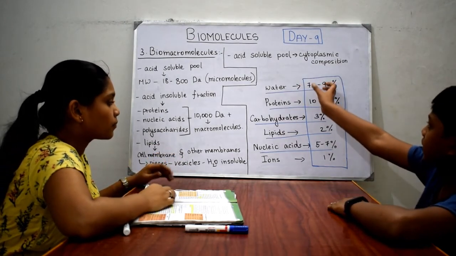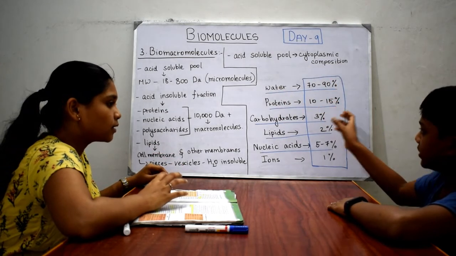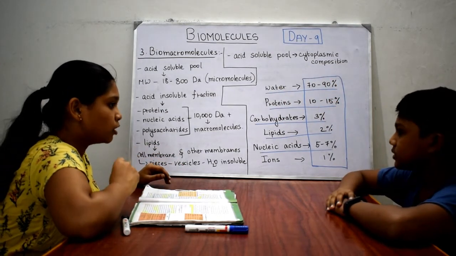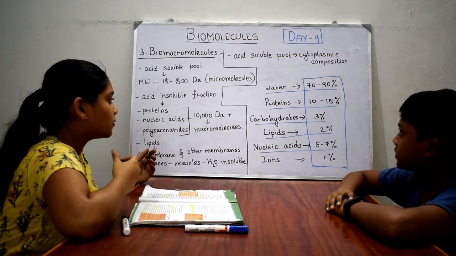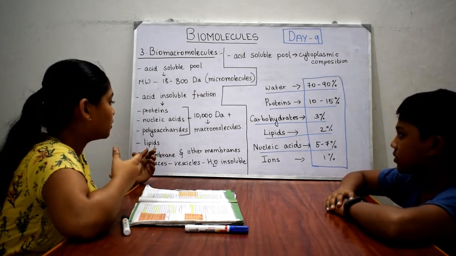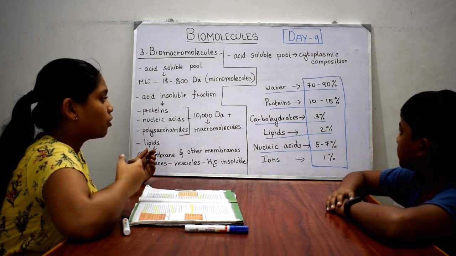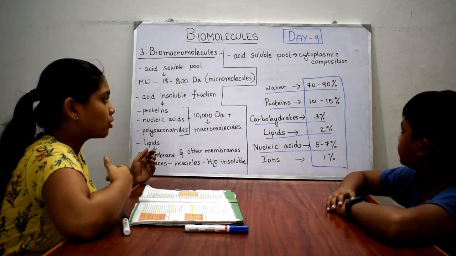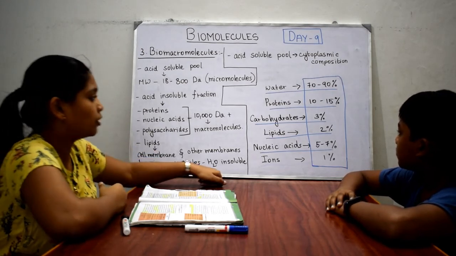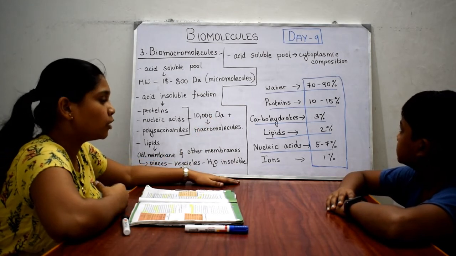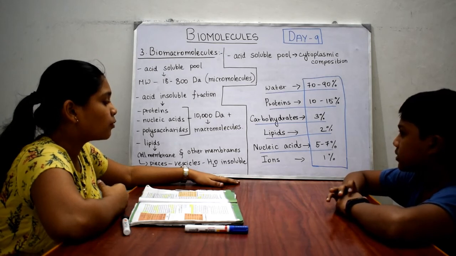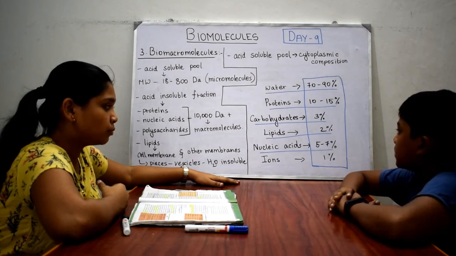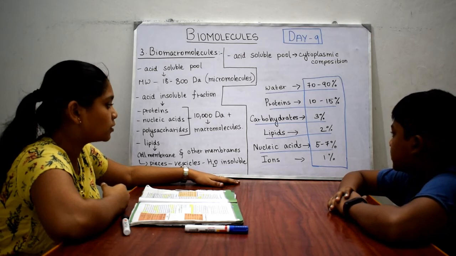We are going to see the percentage composition of molecules. Some molecules occupy a greater volume in a cell and some occupy less. Water occupies 70 to 90% of the cell, proteins 10 to 15%, carbohydrates 3%, lipids 2%, nucleic acids 5 to 7%, and ions 1%.